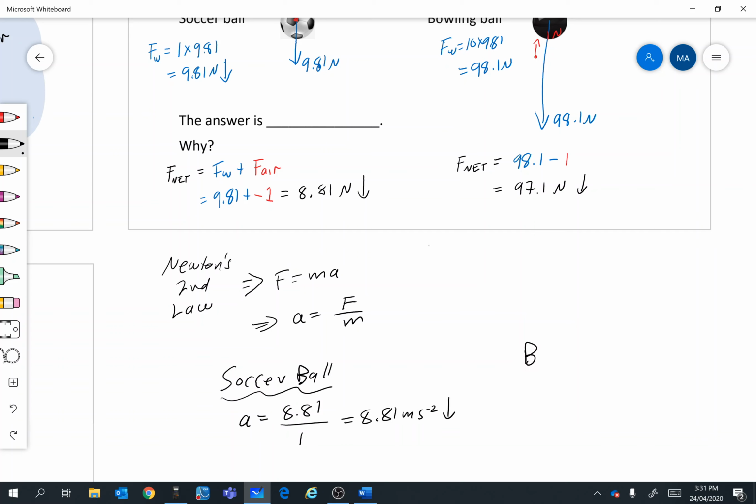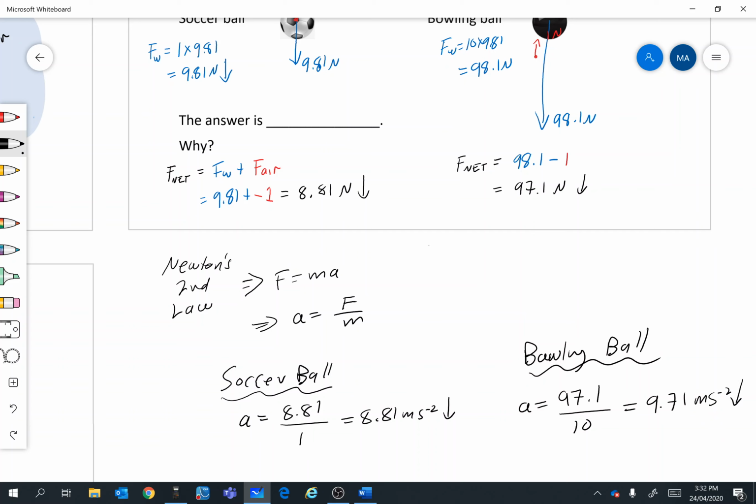For the bowling ball, acceleration is equal to 97.1 newtons over 10 kilograms, which is 9.71 newton. Sorry, not newtons. 9.71 meters per second squared downwards.